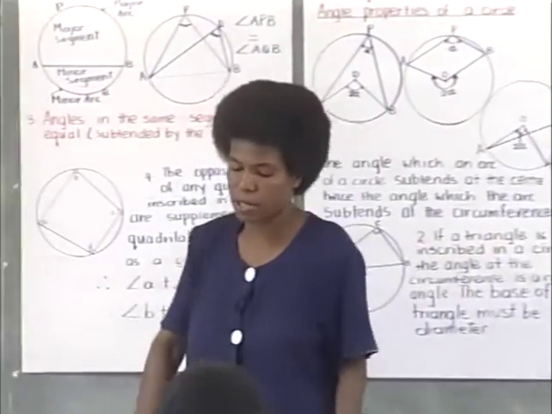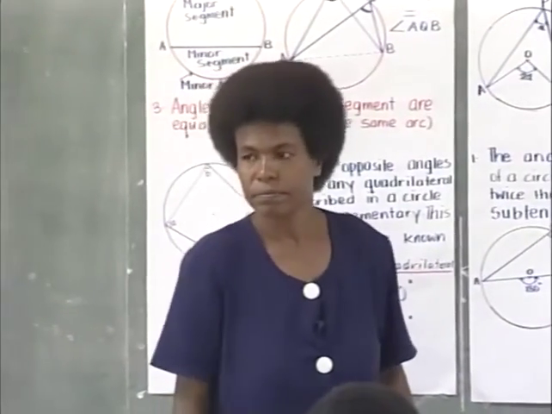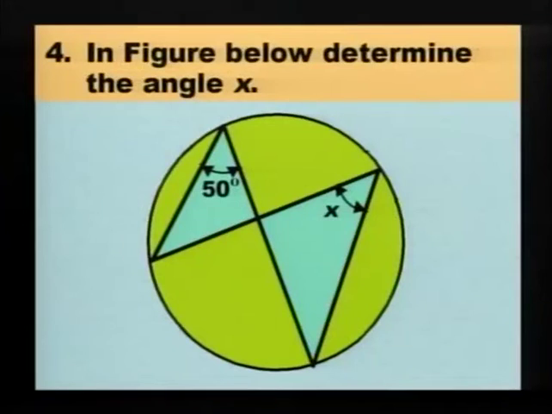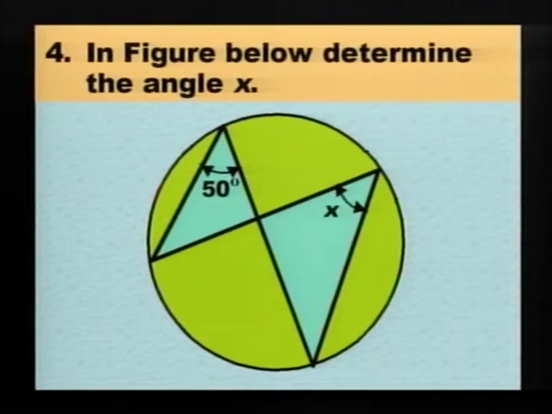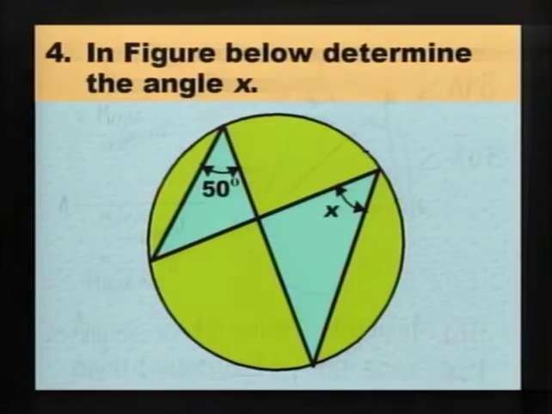Okay, next question 4. This time it's not property 1, it will be property 3, angles in the same segment.